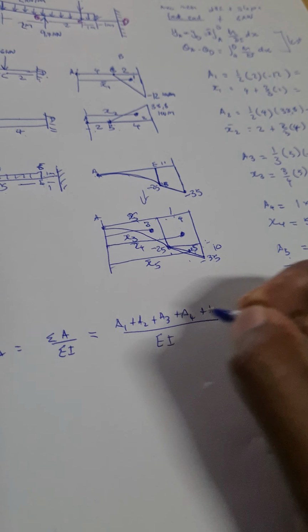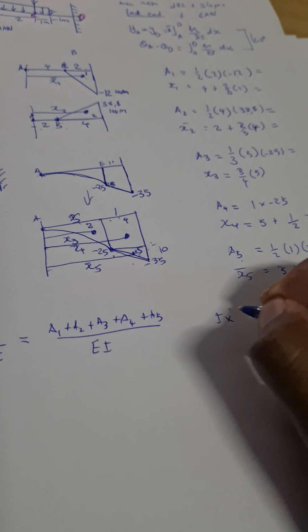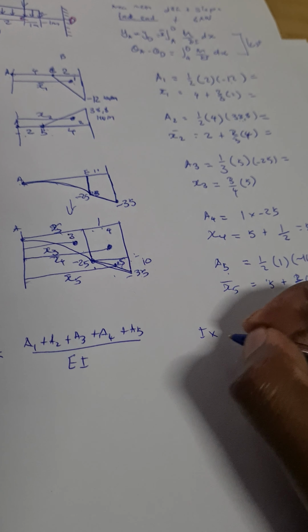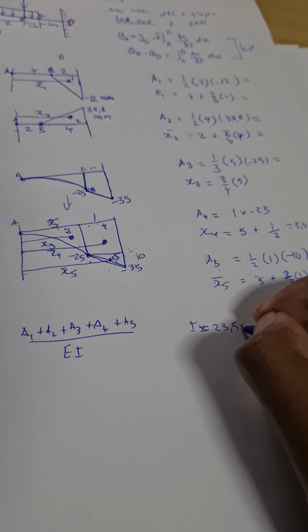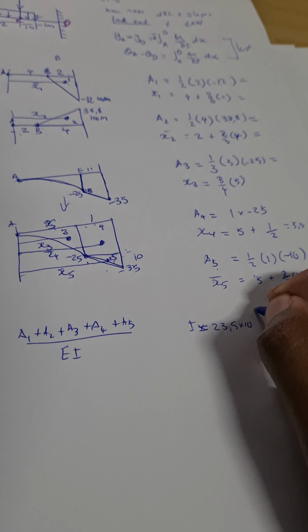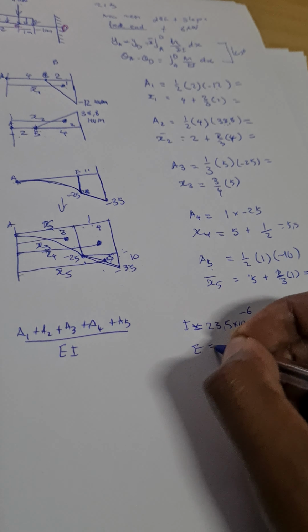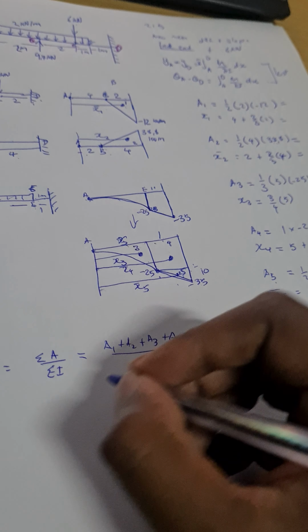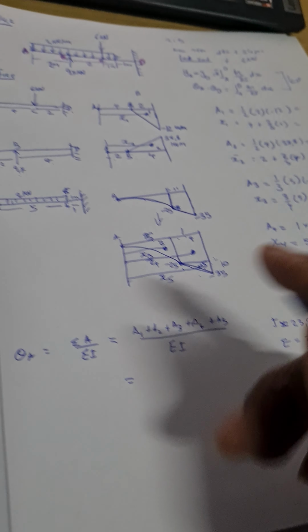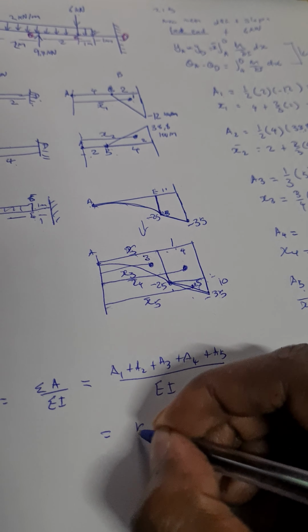EI for this case, they gave us, you see at the blue book, is 23.5 times 10 exponent minus 6 meters squared. Then E is what they give us as 200 GPa. So substitute, and then you're going to find your answer.